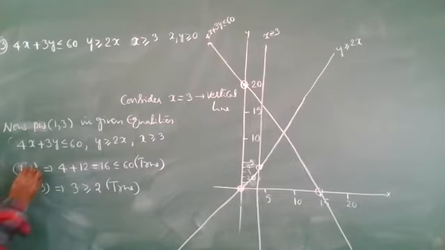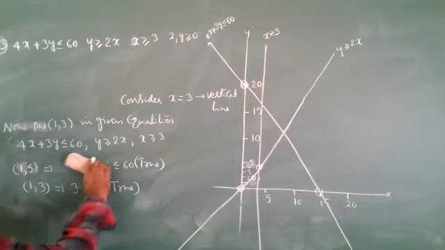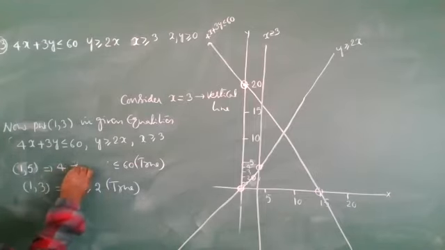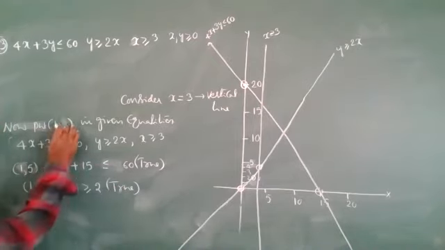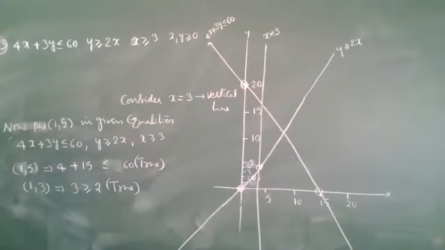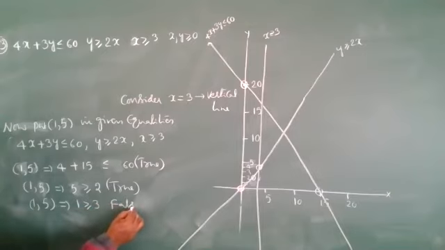So 1, 5 in the first equation: 4 plus 15 is less than or equal to 60, true. 1, 5: 5 is greater than or equal to 2, true. Third line for 1, 5: 1 is greater than 3 is false.